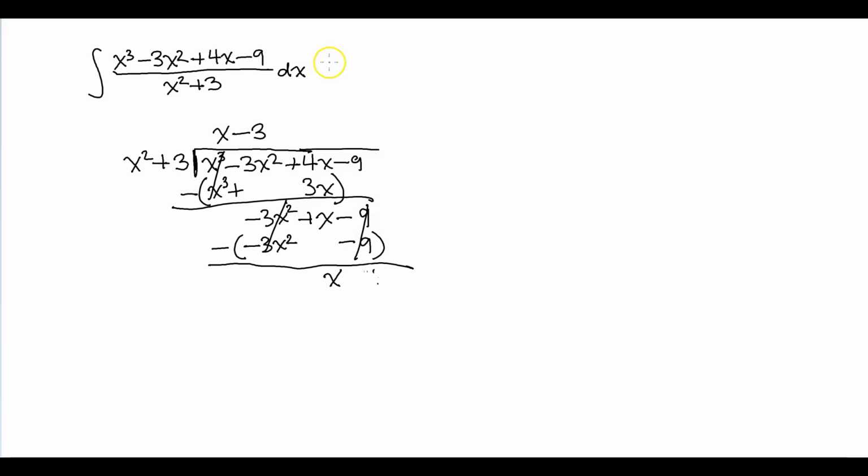So this you can write as x minus 3 plus x over x squared plus 3, all that dx. Okay, so we just divided the two polynomials by each other. This is our remainder, and you could write it in rational form.